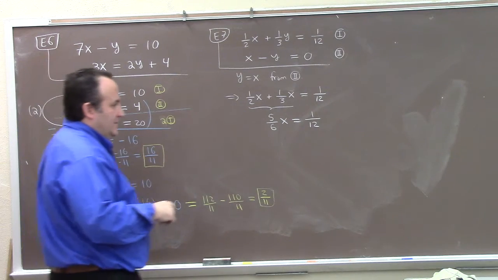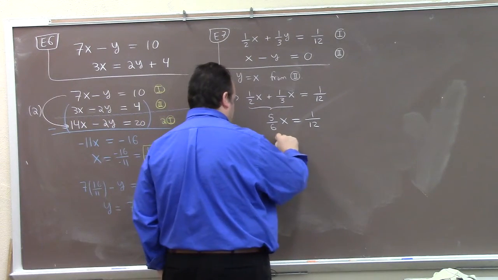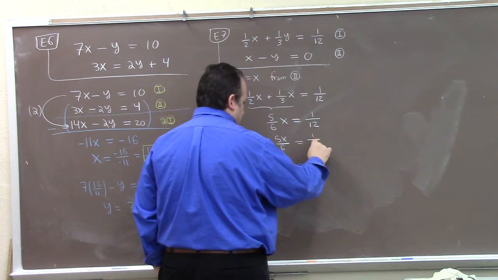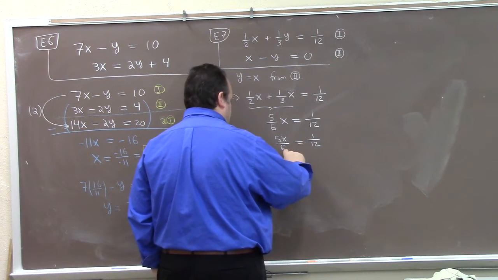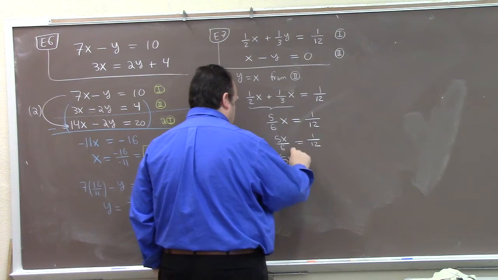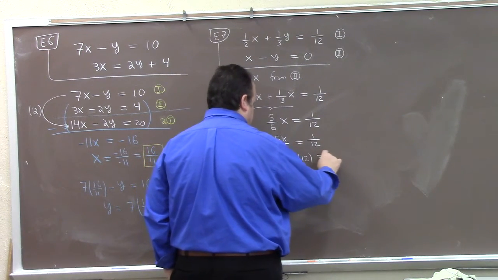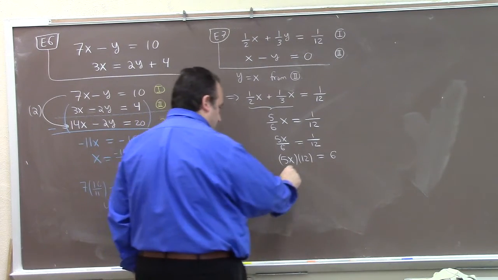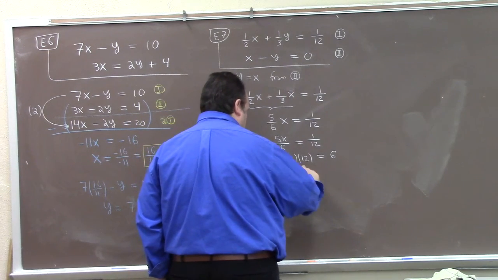Another way to look at that, of course, is 5x over 6 is equal to 1/12. So we can cross multiply, and we get 5x times 12 is equal to 6, which gives me 60x.